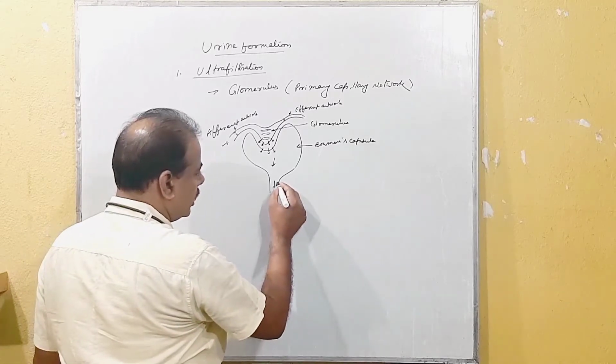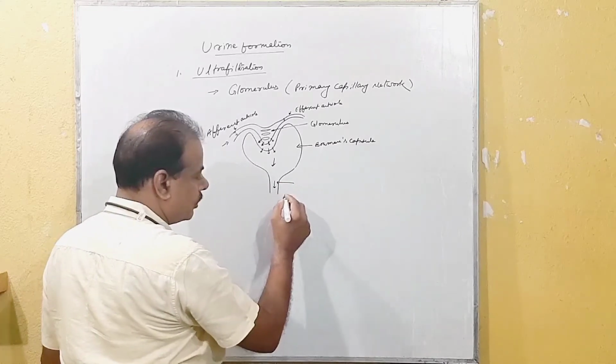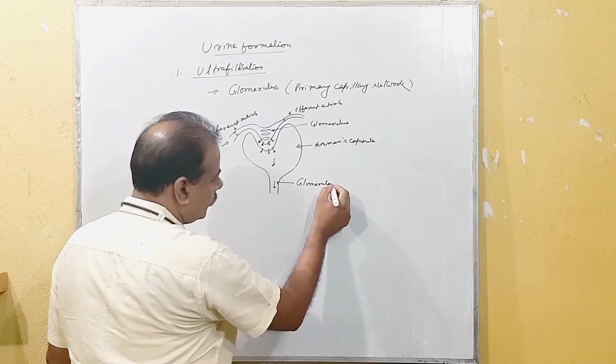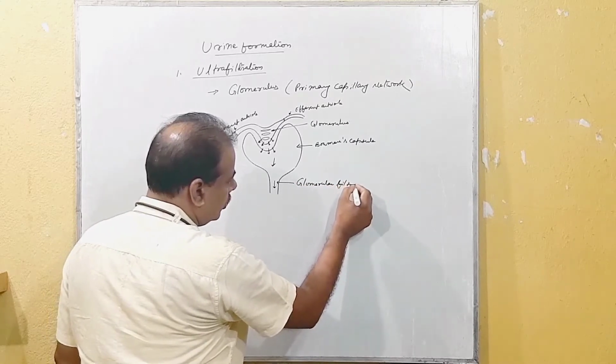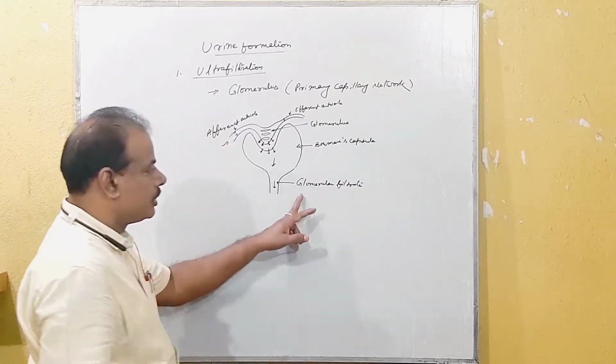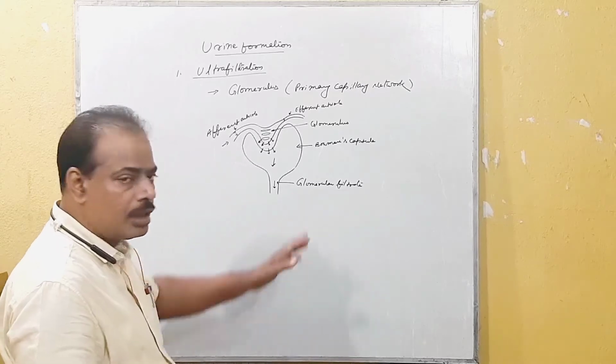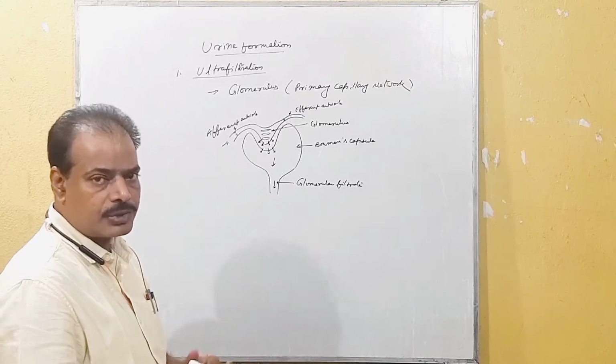These substances moving through it are known as glomerular filtrate. So glomerular filtrate is not urine, because it contains many useful as well as harmful substances.